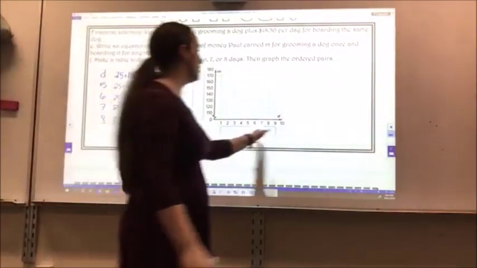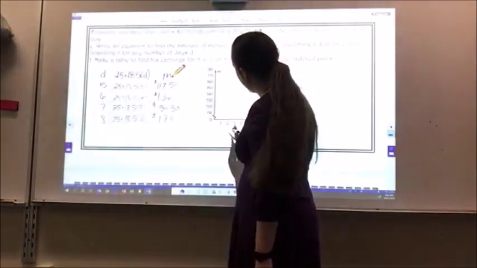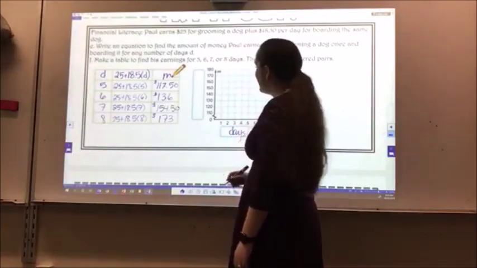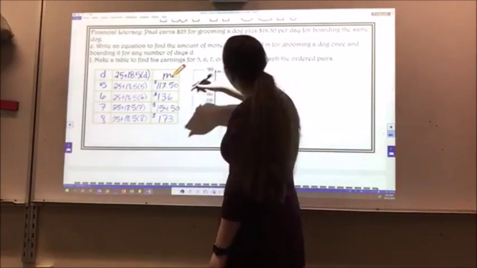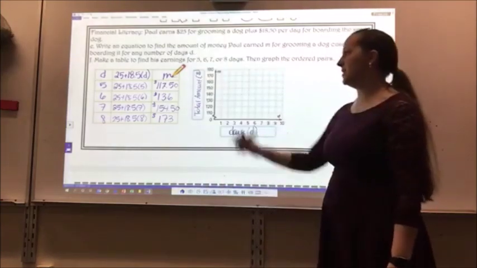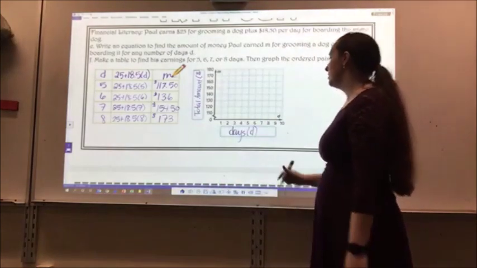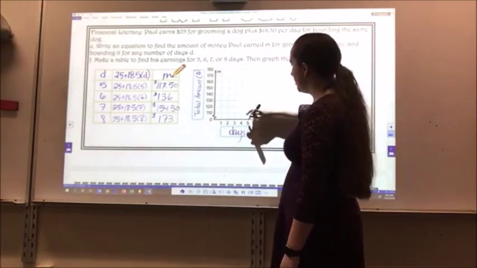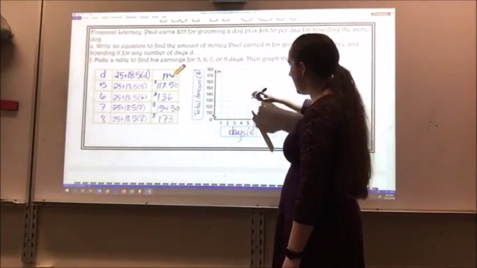So D represents the days the dog stayed, and M represents the total amount of money. So if the dog stayed for 5 days, Paul earned $117.50.